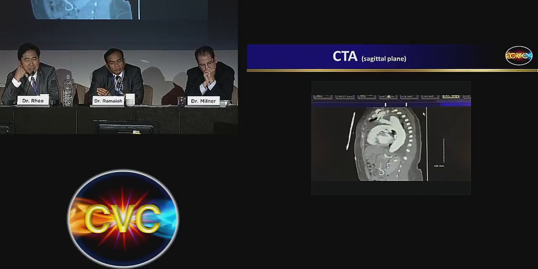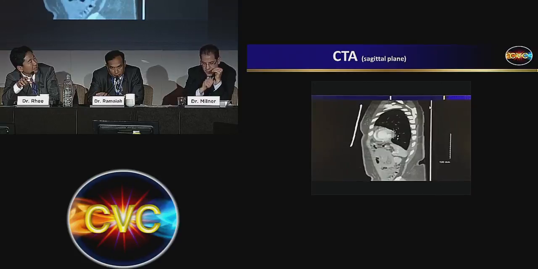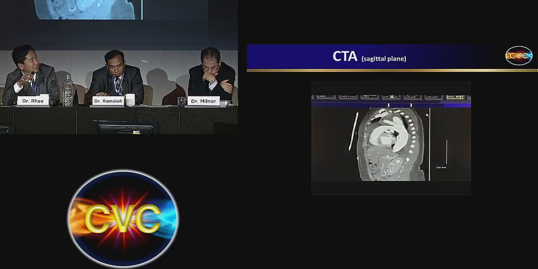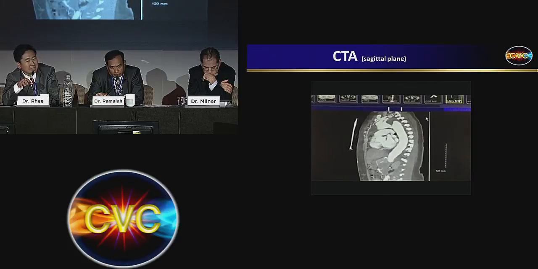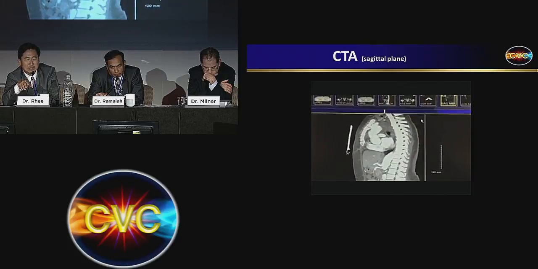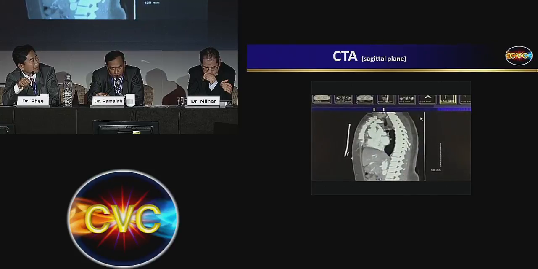So I think this is a different animal than an acute dissection. I've operated on acute dissections, and most of those patients don't survive. But this patient, I think a surgical option is definitely one of the possibilities because of her age.